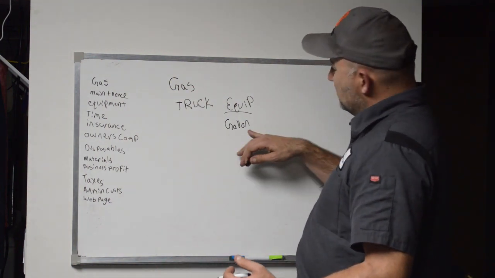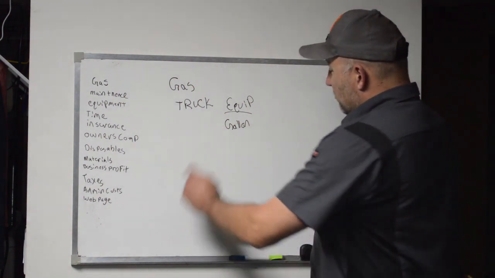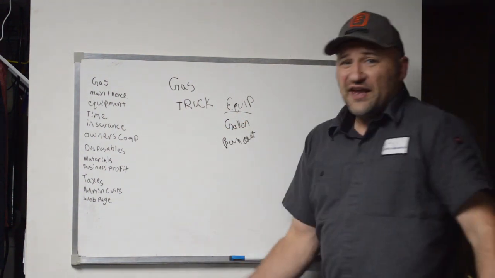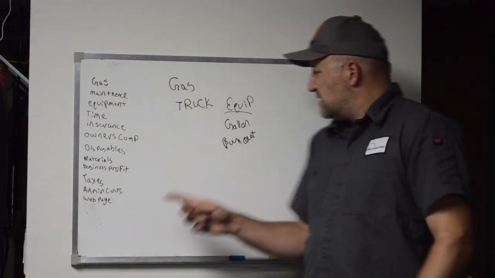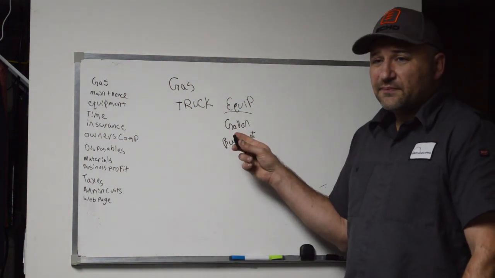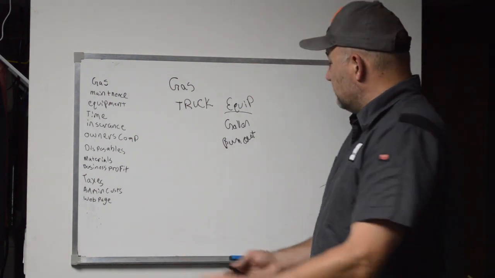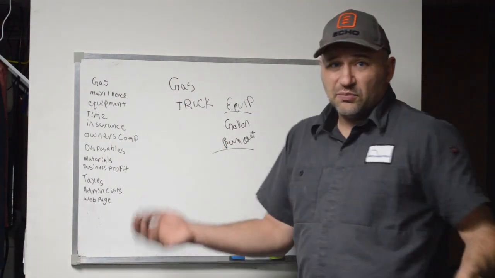Let's say our equipment uses 1 gallon. I use that equipment on every single property until I run out. I then know I've used a gallon of gas, and I count how many properties I used that gallon on. That gives me an average of how much gas I'm using on a particular property.